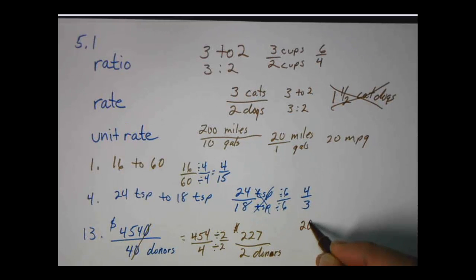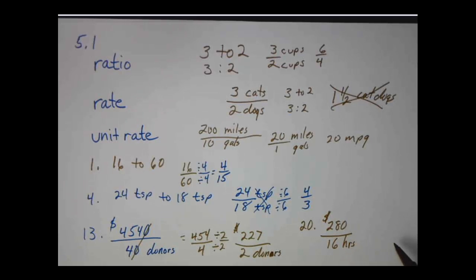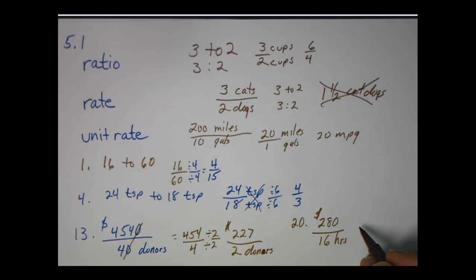Let's do number 20. So if I had $280 and I'm in 16 hours, okay, so I'm going to reduce that down then. And I notice that 8 can go, or actually 4 can go into both of those. Let's do 4 first, even though I know it's not the biggest one.